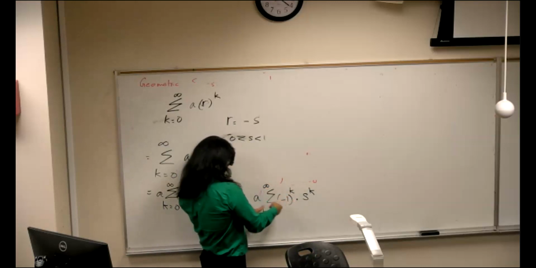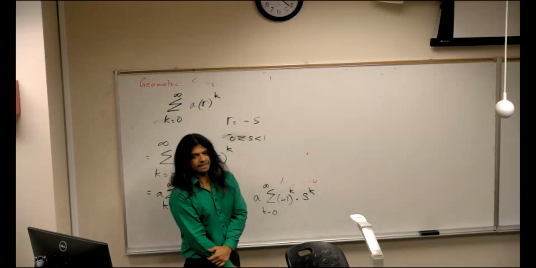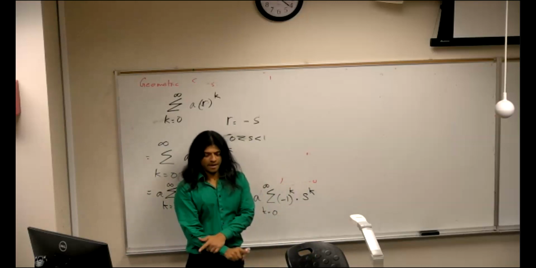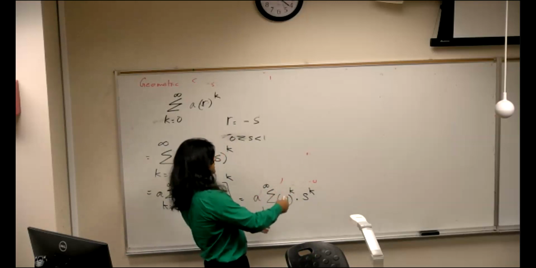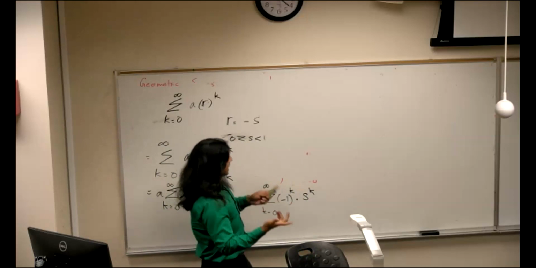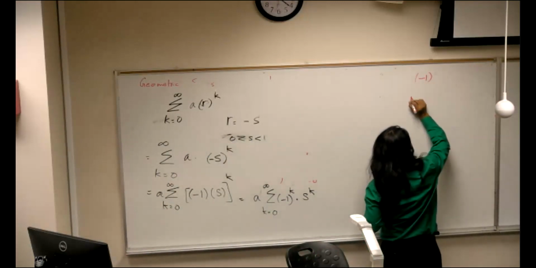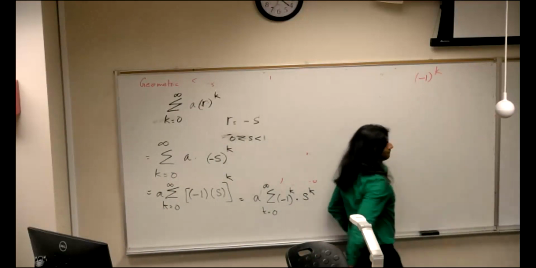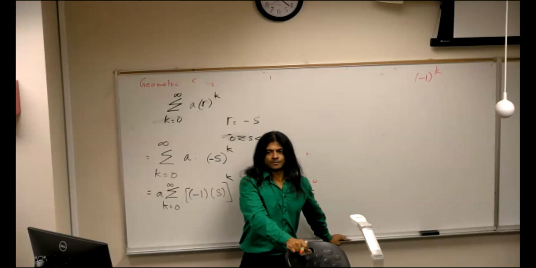So you can't bring that out. You can't simply write it as negative 1. By all means, what would make the series or the sequence in the series alternate is that term. So anytime you have a general term with -1 raised k, then you would have an alternating series. Good.